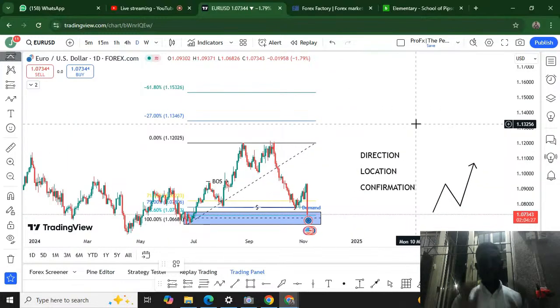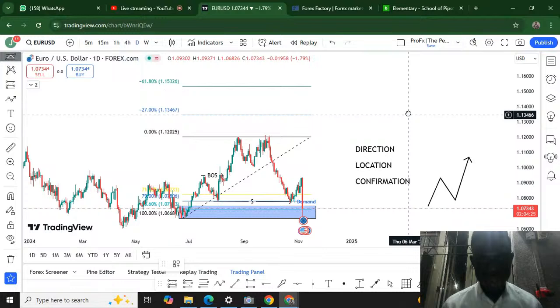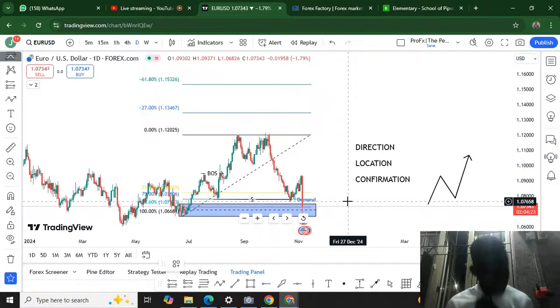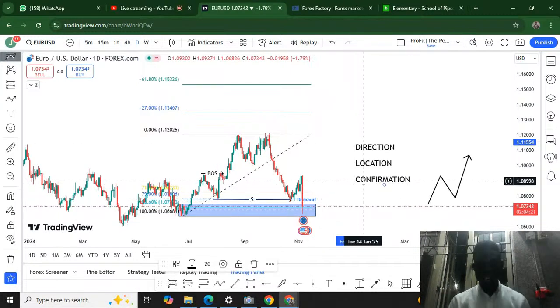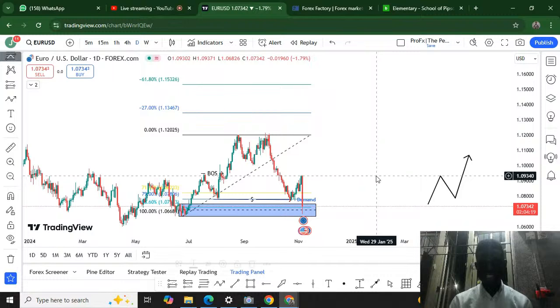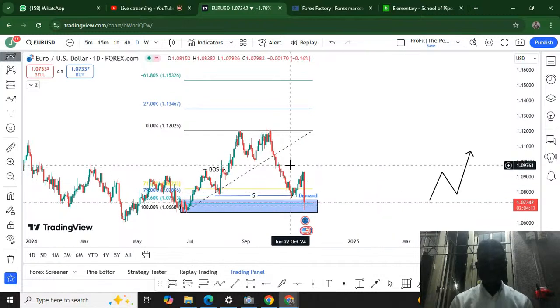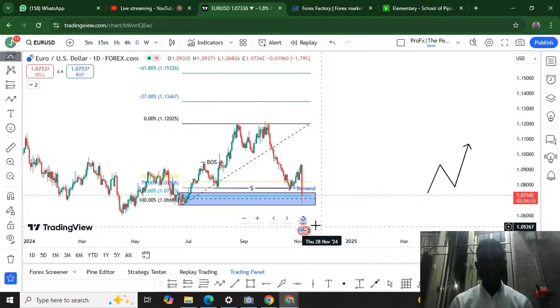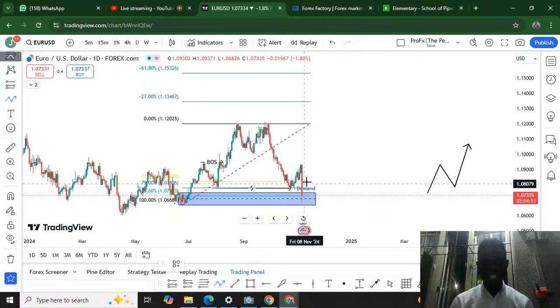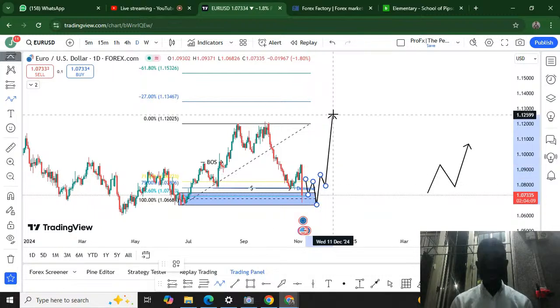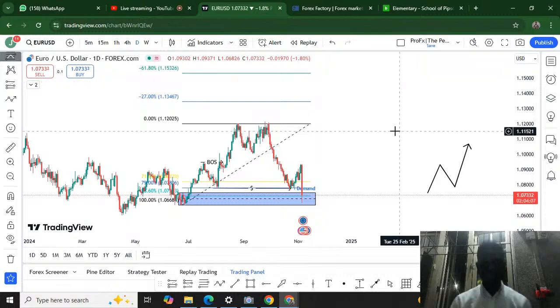Now, what's our confirmation? Confirmation, I said, is change of trend. For this case, I'm on daily time frame, so I want to see a change of trend or a bullish candlestick pattern.